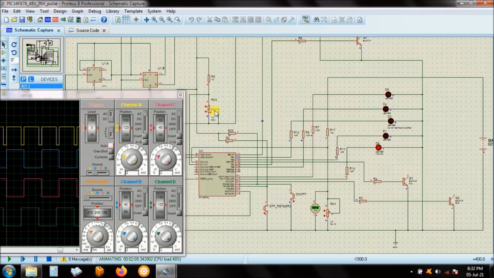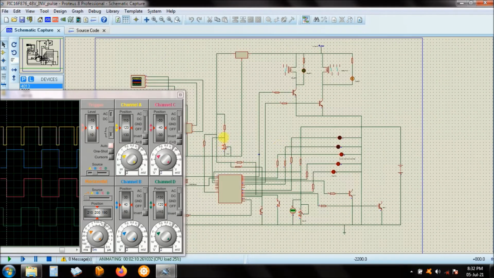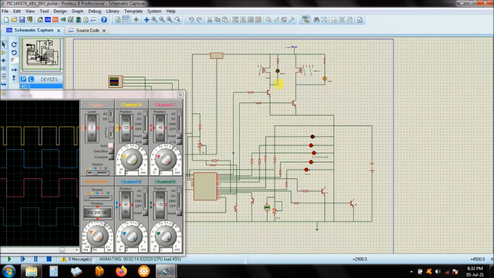And if the temperature is too high, and the resistance of this thermistor goes very, very low, the inverter will actually stop running and give you an alarm after 3 seconds. Like that, you see that it will actually stop running and give you an alarm.